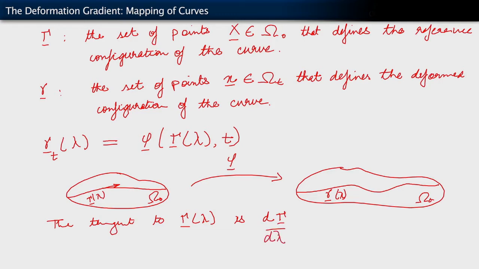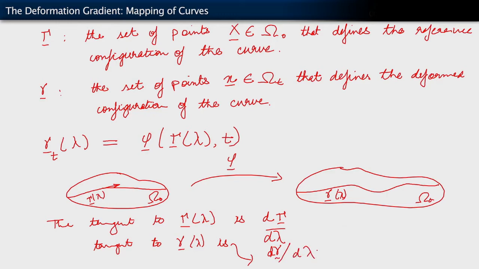And likewise, the tangent to little gamma is the derivative of little gamma with respect to lambda.